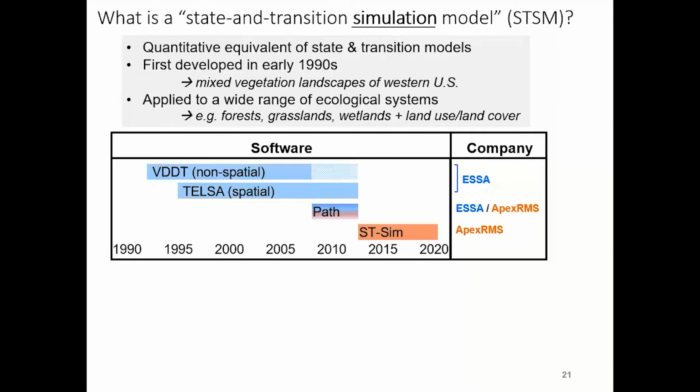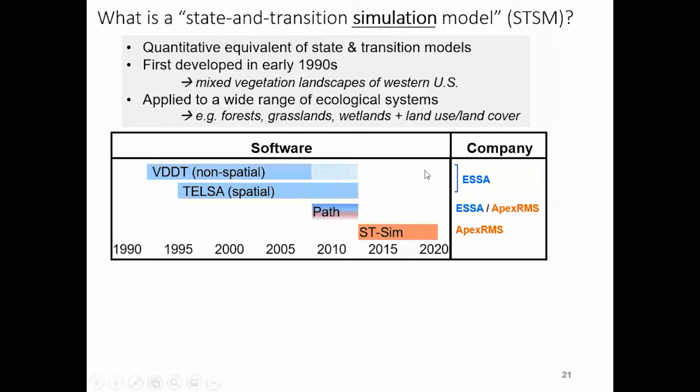So here's a little bit of the history since the start of the tools in the 1990s. There's a company that both Leonardo and I used to work for before we went out on our own to start the company Apex that we're working for now. We've been together for, well, I left ESSA 13 years ago, I think now. Leonardo, not quite so long ago.